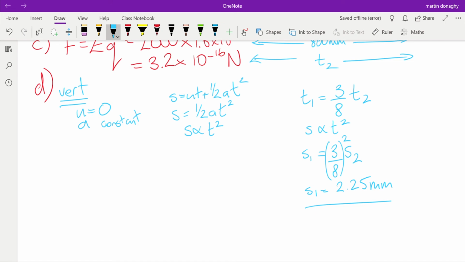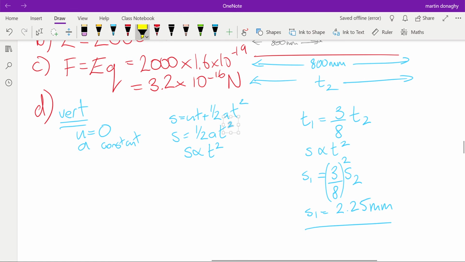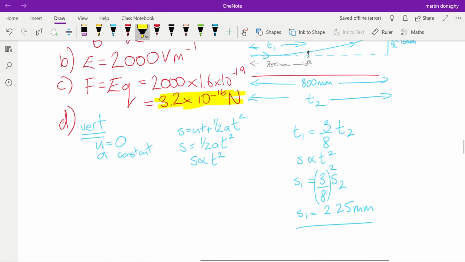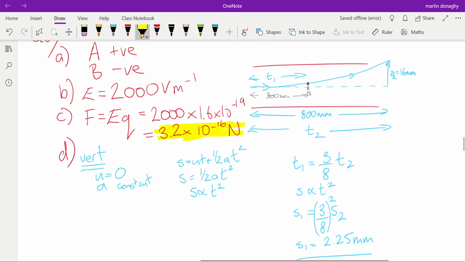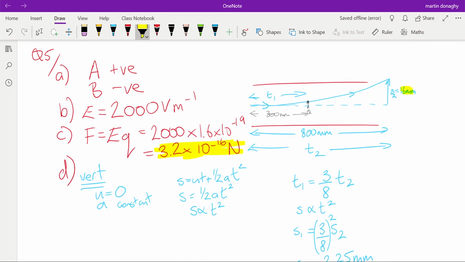There is another way of doing this, which is you use this force here to work out the acceleration on our little electron. By using that, you can then work out, using the displacement here as well, what T2 is.